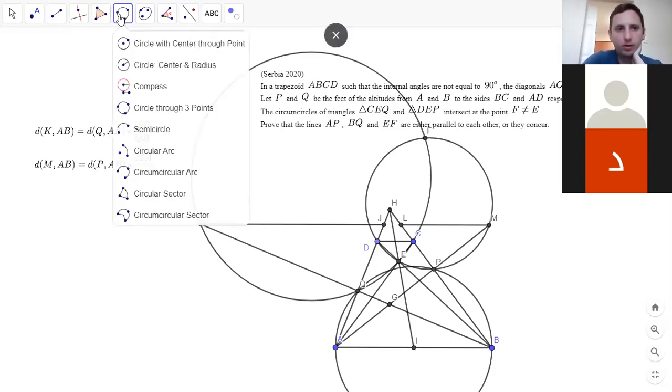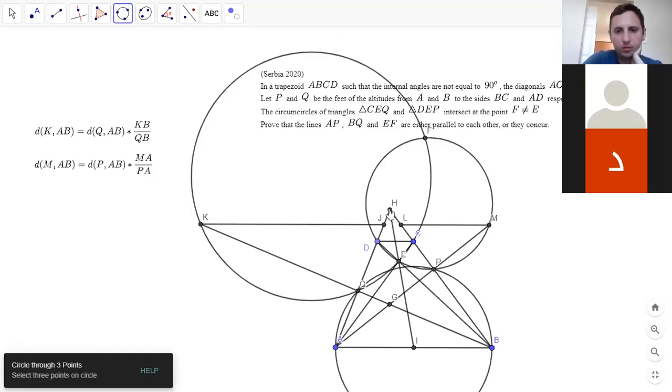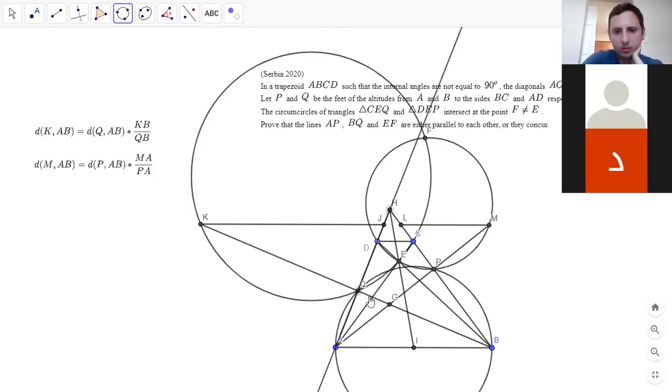So let me draw this circle too. So yeah, maybe we could use Pascal's theorem because H, E, and I are collinear. So by Pascal's theorem, let's see.